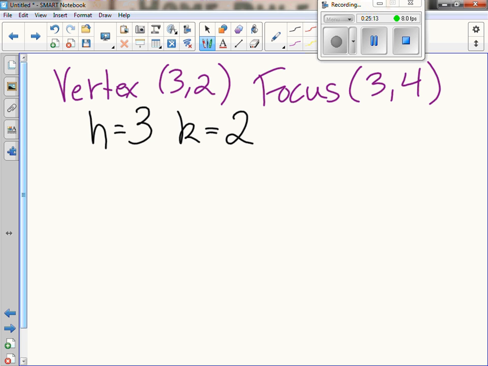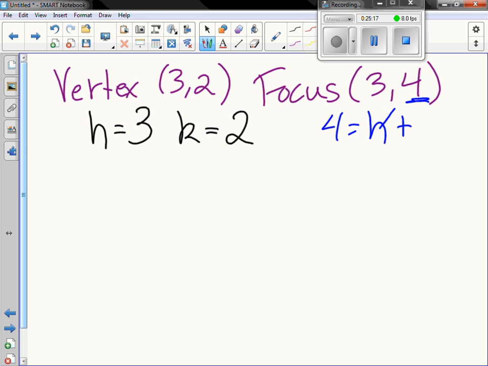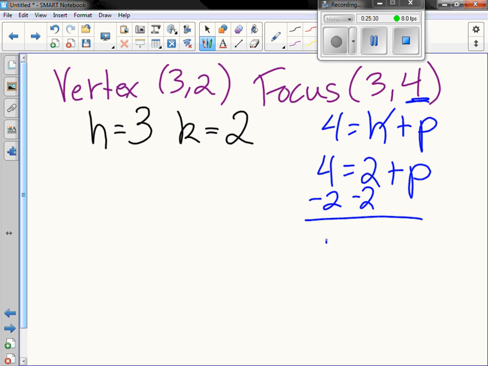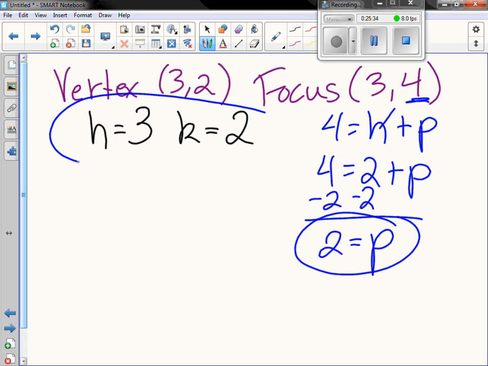So in the focus, we're saying this value here, 4, is equal to k plus p, yes? And what did we say k was? So we're saying 4 is equal to 2 plus p, so 2 is equal to p. We now have h, k, and p, yes?